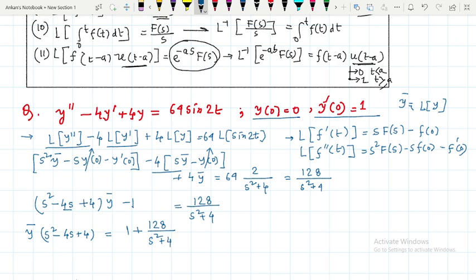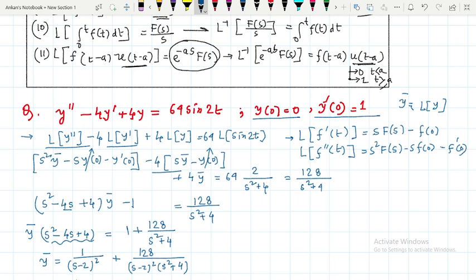We can keep it as it is. By solving further, the result will get complicated. Now y bar becomes, this becomes s minus 2 whole square. So divide this: 1 by s minus 2 whole square plus 128 divided by s minus 2 whole square into s square plus 4.